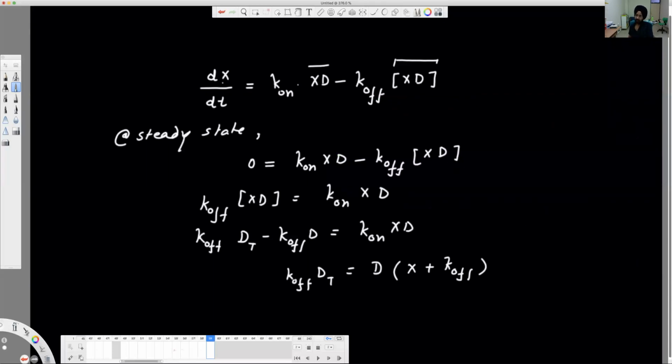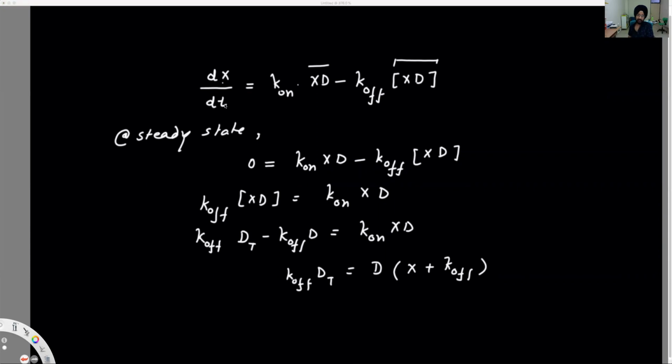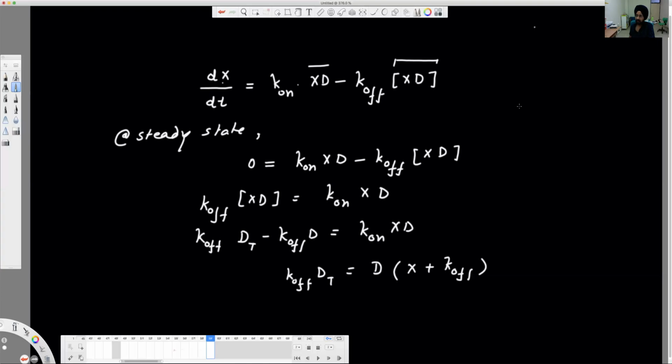Sorry, this was Mridula's, but what you have written is for dx by dt. So this is not for dx by dt. This is for the complex. Right? So Mridula, can you speak out? I don't understand what you are writing.